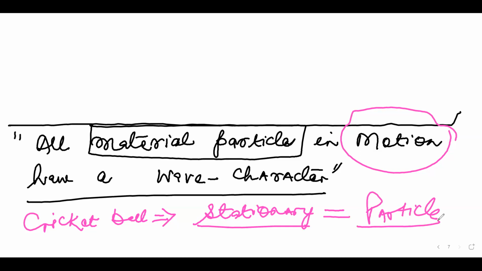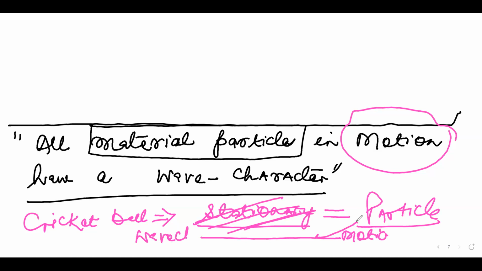What अगर वो क्रिकेट बॉल मोशन में आ जाती है, now this very cricket ball in motion will also develop a wave character. So मुझे बताना, a running car is a particle, is a wave, or is it dual? It's dual. A stationary car? Particle.